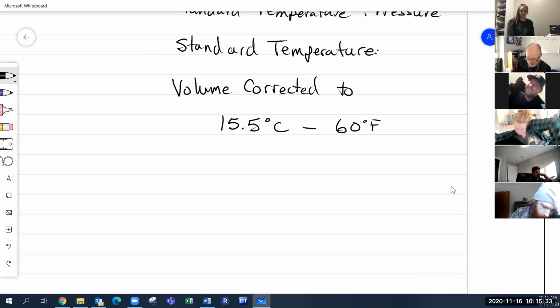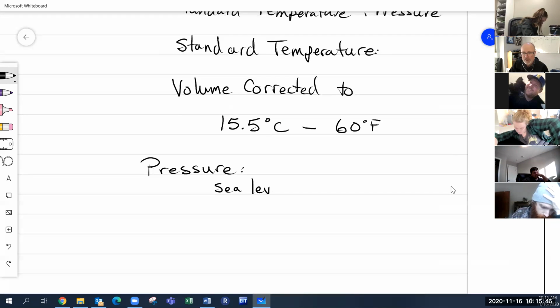Now I'm going to talk about standard pressure. Of course, pressure affects all states in which matter exists as well. Standard pressure is taken at sea level. Does anybody know that number by any chance?